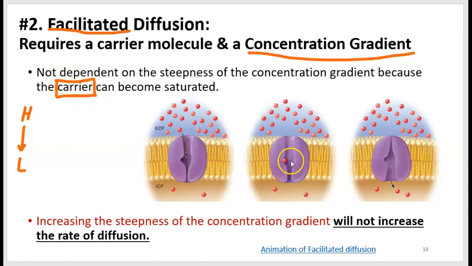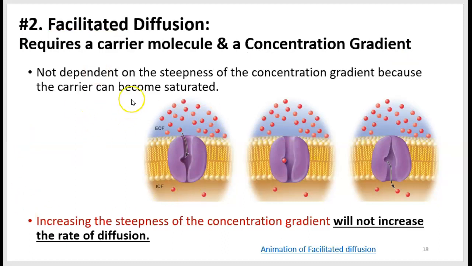And this carrier molecule physically binds to the substance being transported, and so time is needed. It takes a little bit of time, and the transporters, or the carriers, I should call them carriers because that's what they are, the carrier could become saturated.